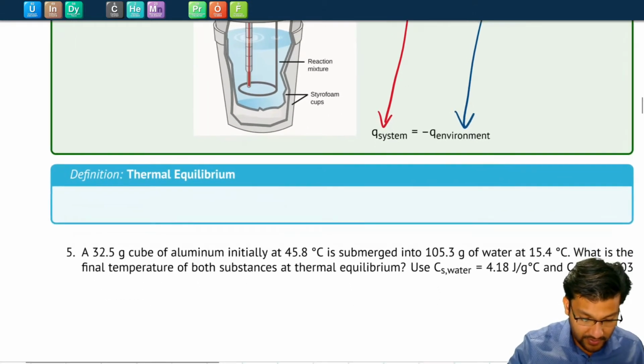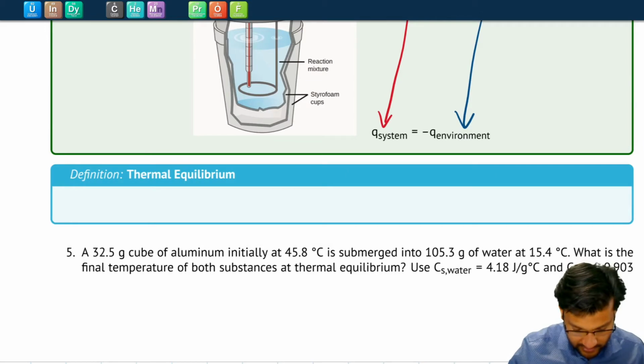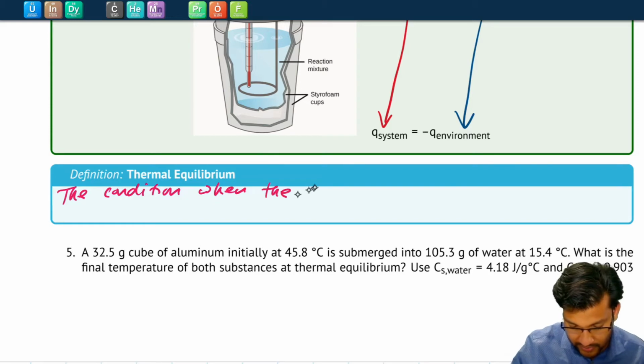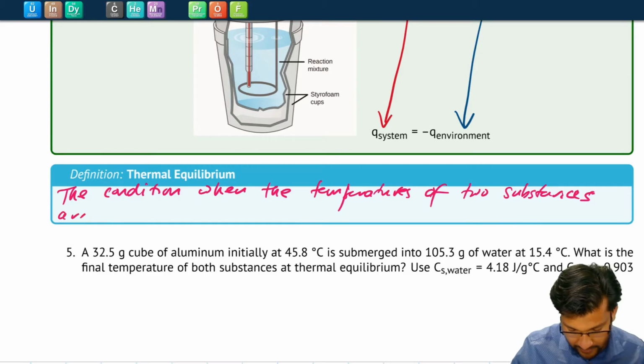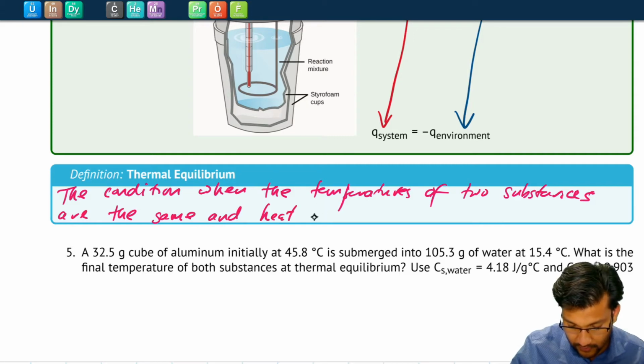So thermal equilibrium is the condition when the temperatures of two substances are the same and heat will not flow between them.